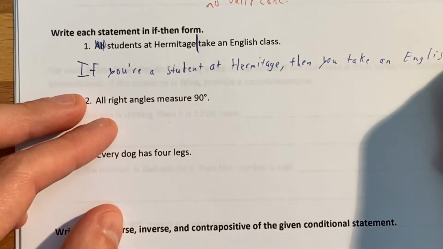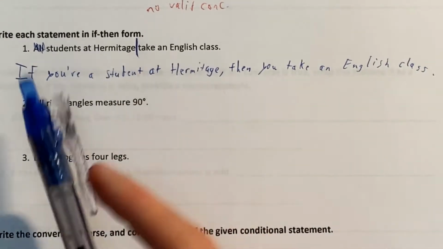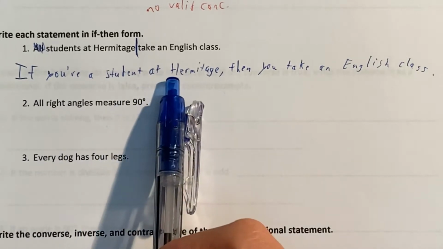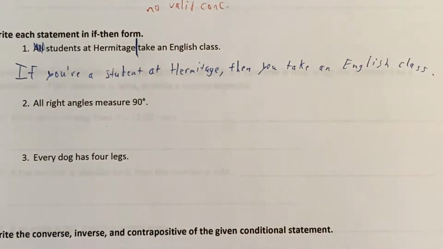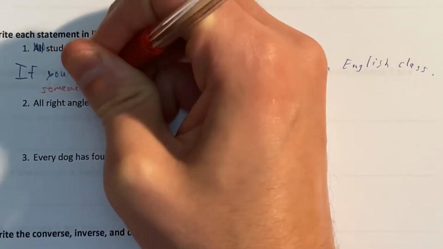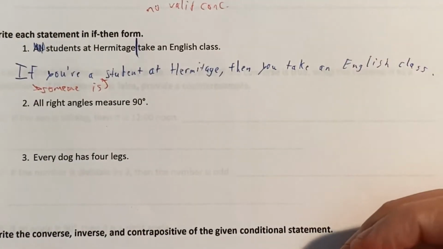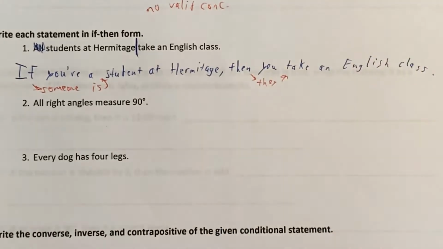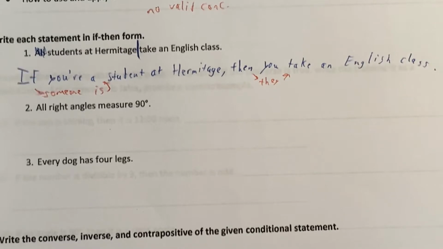That would be an acceptable answer. You could also say, if someone is a student at Hermitage, then they take an English class. So there is more than one answer as long as it makes sense.